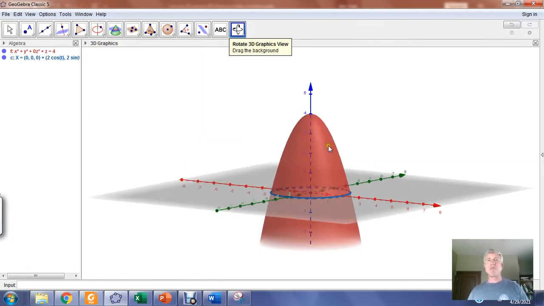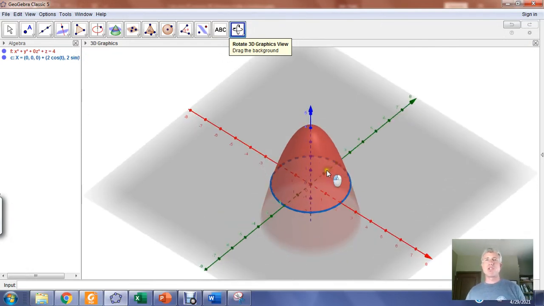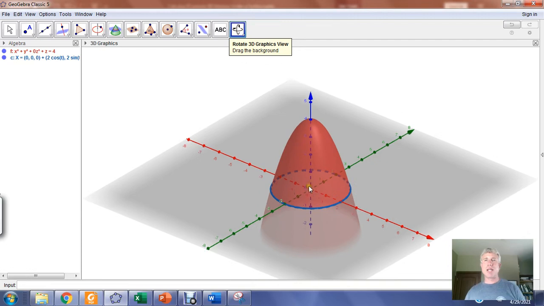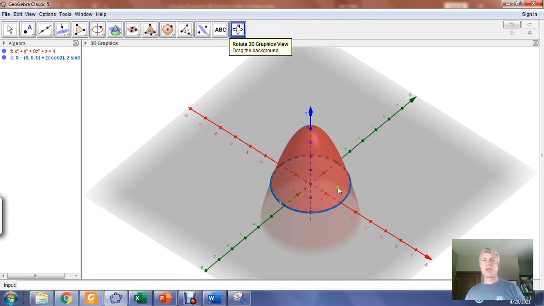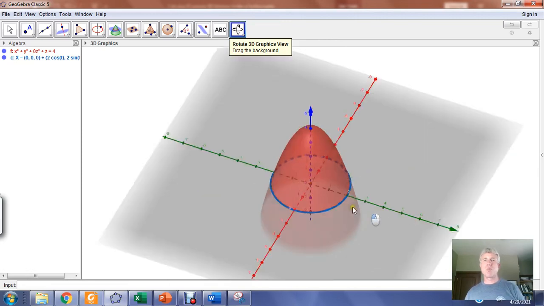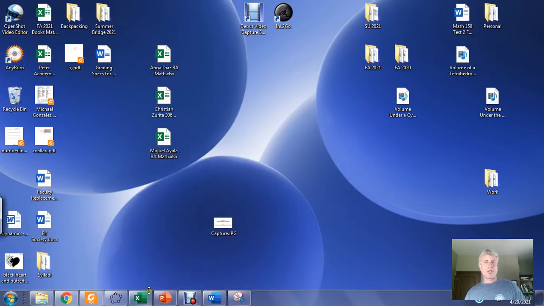So if I want the volume bounded by the paraboloid and the xy plane, I can calculate the volume in octant 1 and then quadruple it. 4 times the volume under the surface in octant 1. And that will simplify the calculation a little bit. So let's go back in and work this one through.